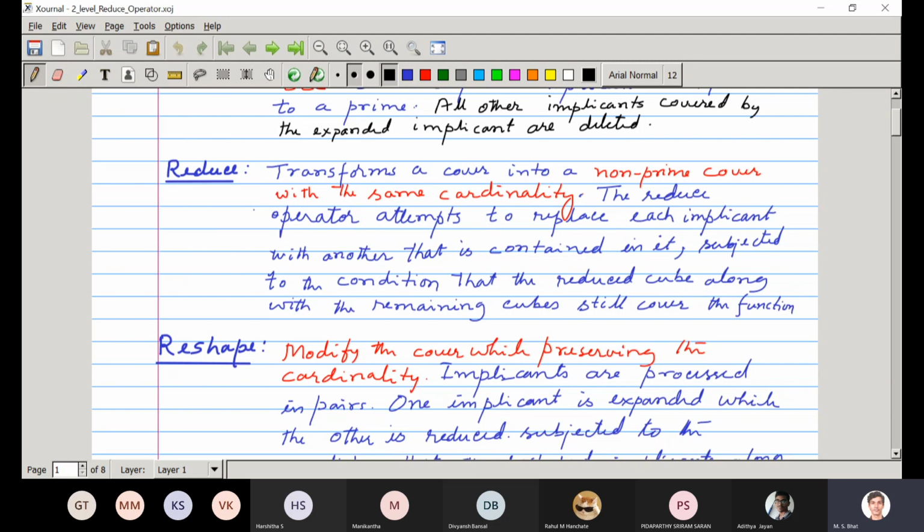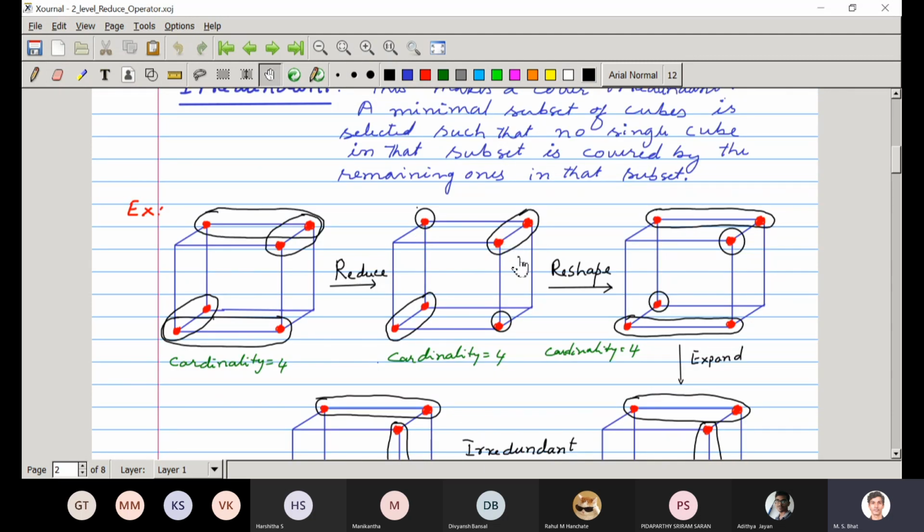In this example, this was our original cover with the 4 cubes. After reduction, you get something like this. This is not the only possible way of doing the reduce operation; you can reduce to a different cover also.